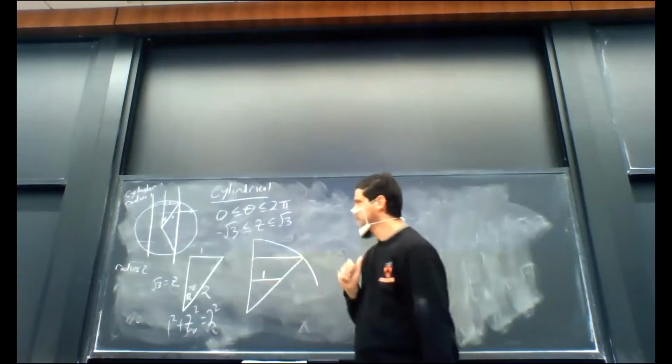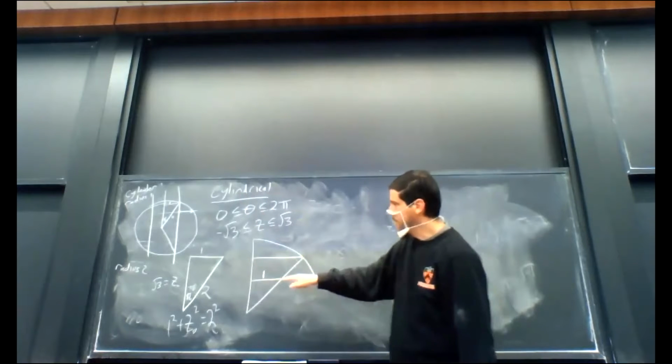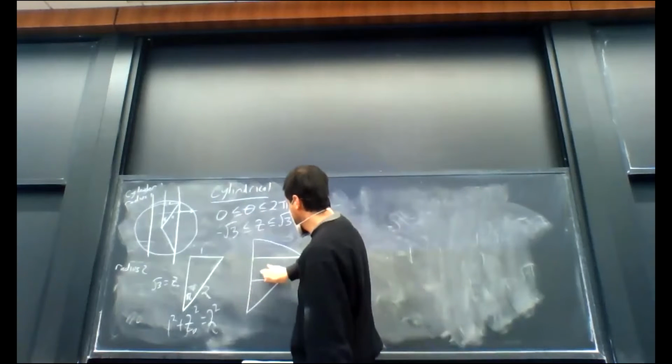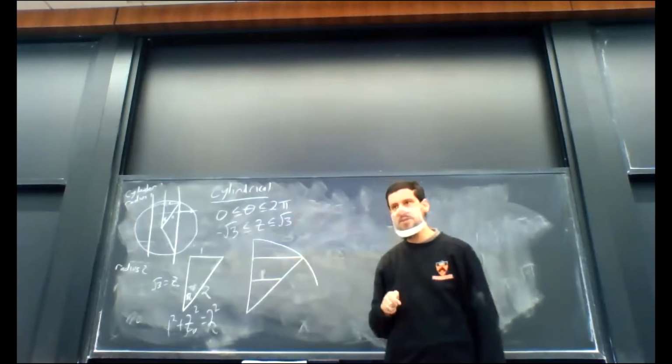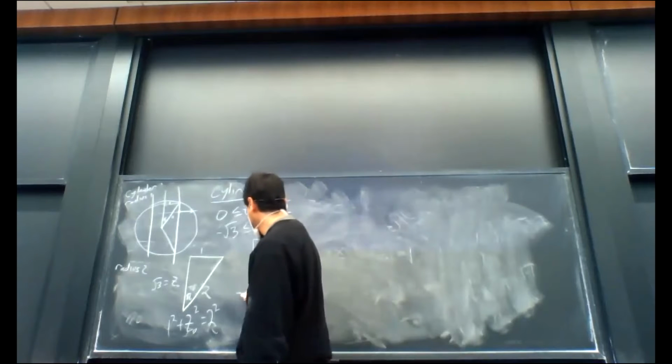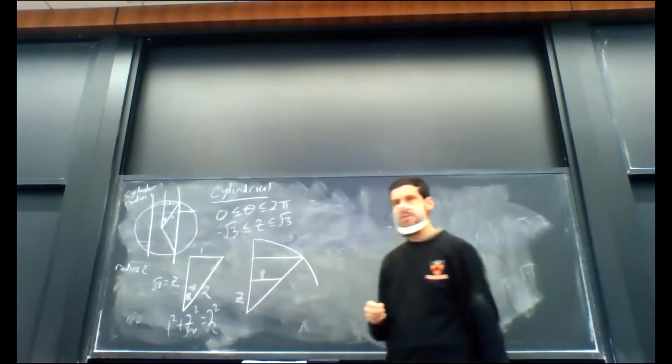Here is 1 unit, right? And if I do that, I'm doing something like this. What I want to do now is tell you that I've gone up these units.